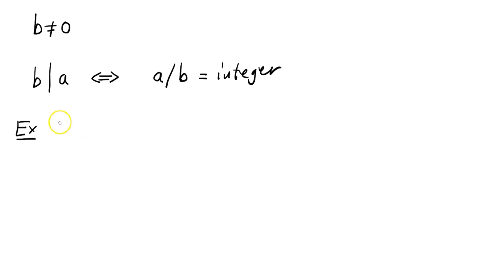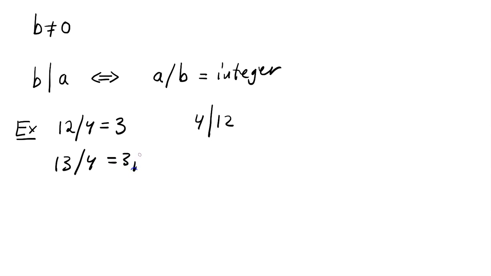Since 12 divided by 4 is 3, and 3 is an integer, not a decimal number, it's the case that 4 divides 12. But since 13 divided by 4 is equal to 3.25, and that's not an integer, 4 does not divide 13.